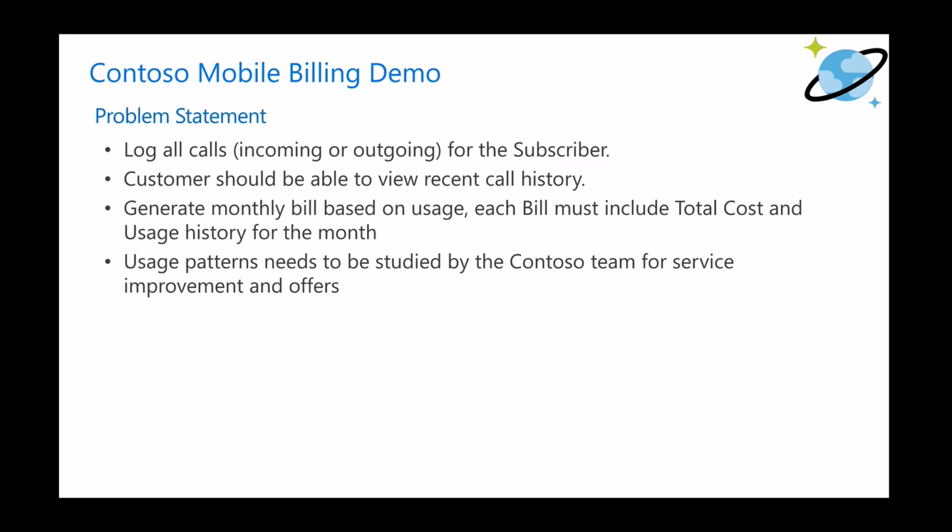We need to track all incoming and outgoing calls, where the customer should be able to view all the recent call history. We need to generate a bill on a monthly basis, and the bill should include the total cost for that month and the usage history for that month. We also need to build some kind of analytics that can be used by the Contoso team for improving their product offering.